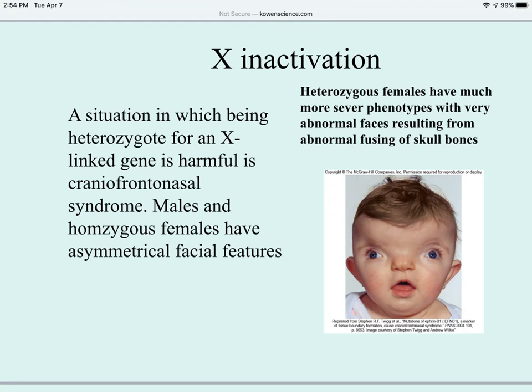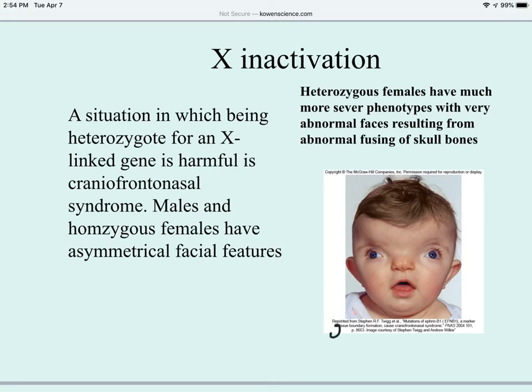Let's look at another example of X inactivation. A situation where being heterozygous for the X-linked trait can be extremely harmful is craniofrontonasal syndrome. An individual, which would be a female, that is heterozygous has very severe phenotypic expressions. They have a very abnormal face and abnormally fused skull bones.